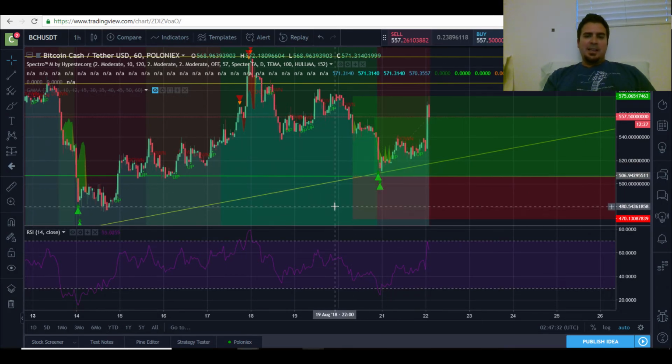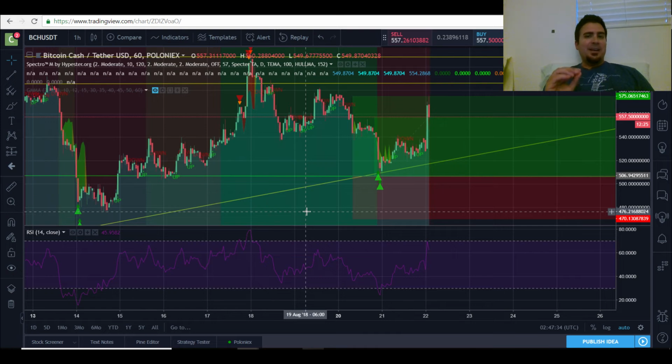It lights up exactly on the area where I said the price was going to bounce. That's why I love that indicator, because it is accurate. I did the manual technical analysis to draw this out, but Spectro confirmed that for me. It lit up right at the exact area that I was going to trade, and it worked out flawlessly.